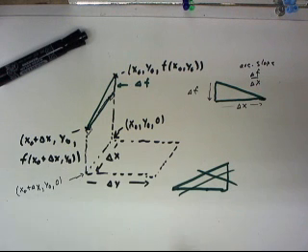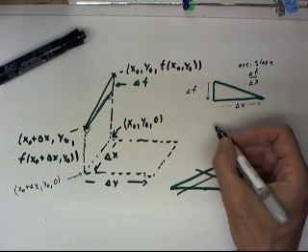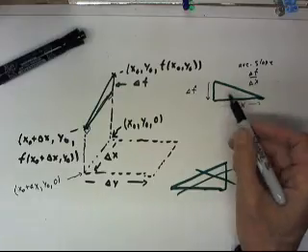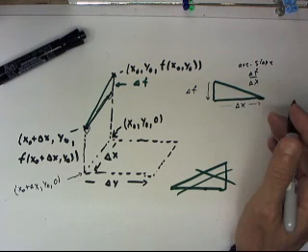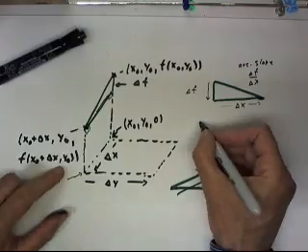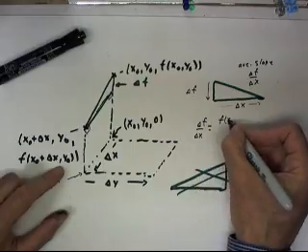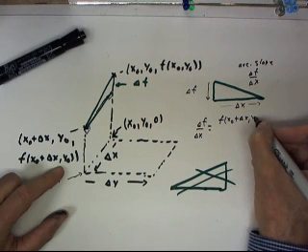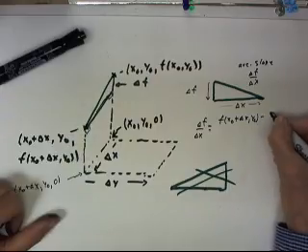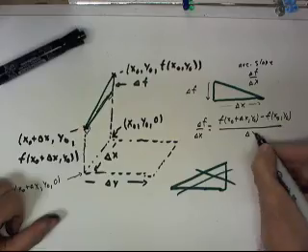And all the ideas we used in establishing that the limiting value of delta f over delta x as delta x approaches 0 is an instantaneous derivative are going to apply here as well. So I'm not going to go through all of that again. I'm just going to say that delta f over delta x equals f of x naught plus delta x, y naught, this value, minus f of x naught, y naught, divided by delta x.